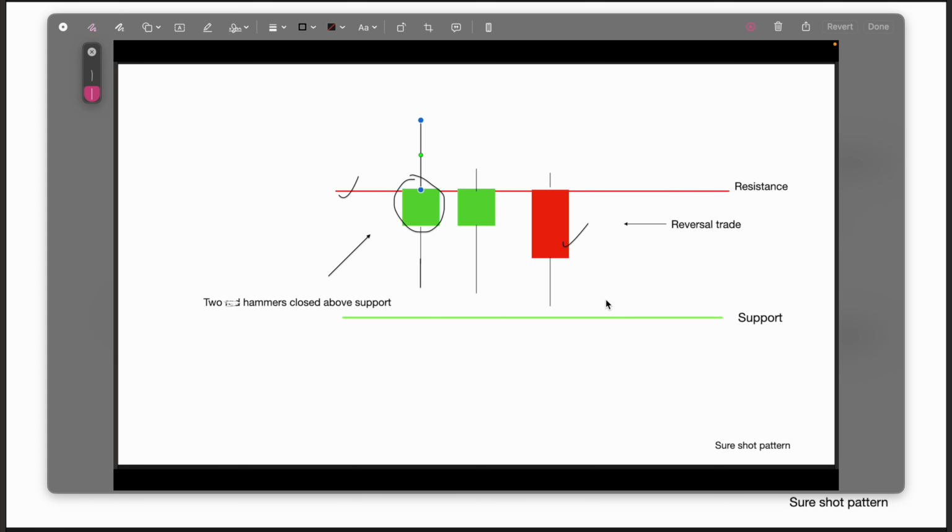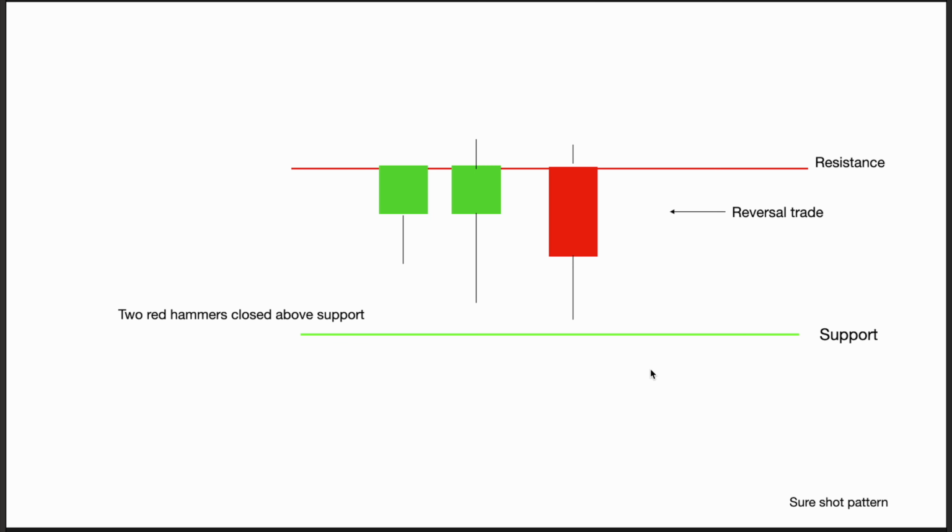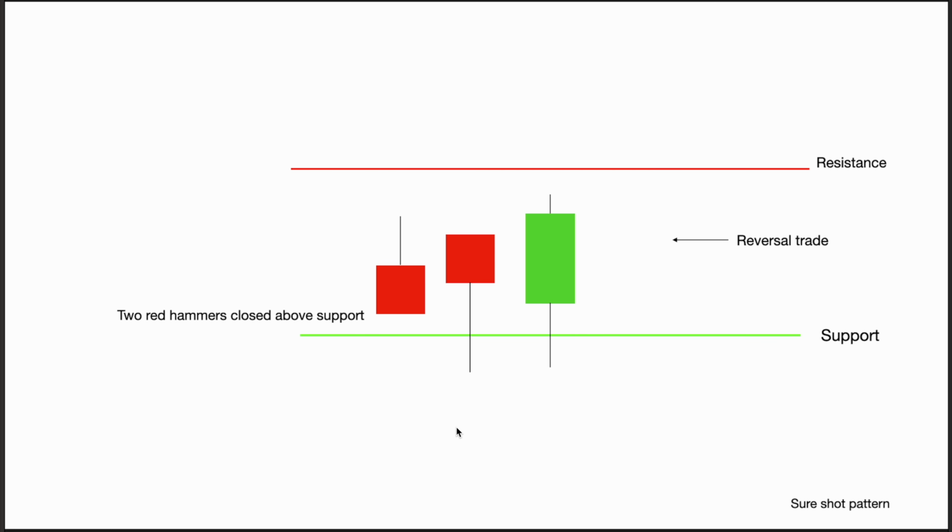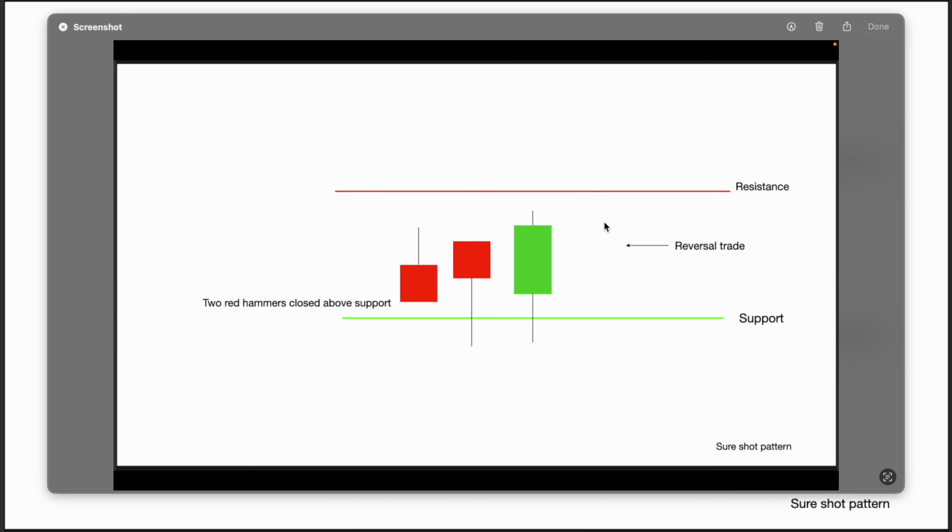Okay, and the next short pattern will be the same but with the red candle. Here the logic is the same, but there need to be two red hammers which closed above our support, and the next trade we will be taking is a call option trade.